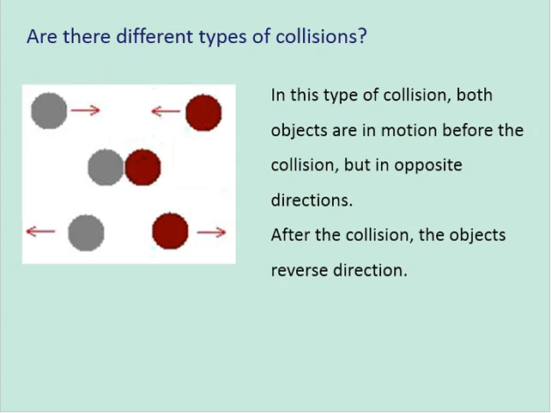The last one is one in which objects are both in motion prior to the collision, but they're traveling in opposite directions. What happens after the collision is they still stay separate, but essentially they bounce off each other and move in opposite directions after the collision than how they were traveling before the collision.